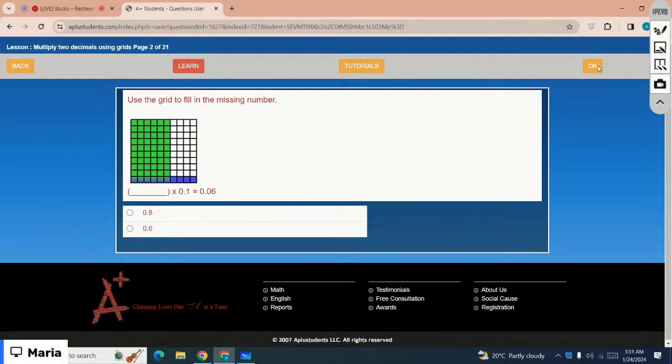You have 6 lines that are green, so the missing number is 0.6.